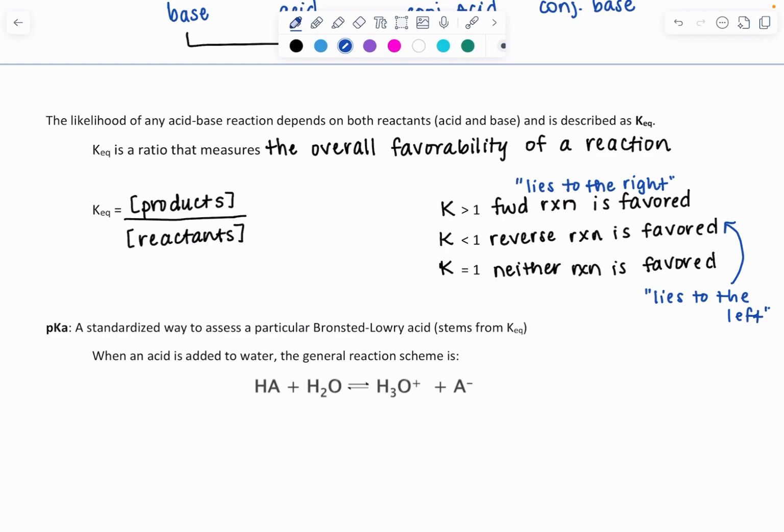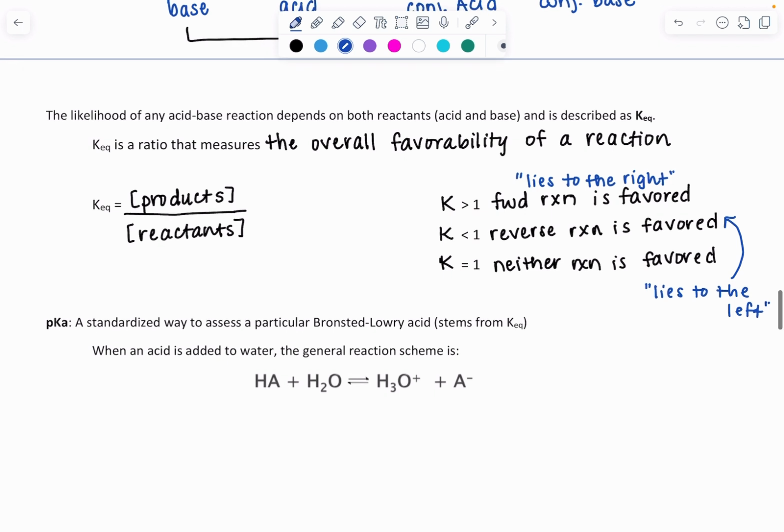Now, you've also learned from Gen Chem that there are some acids that are really strong acids. They fully ionize in water. They will completely dissociate into its ions. But most acids are weaker than that, where they will somewhat dissociate. They will give away a proton to some water molecules, but some of the acid will still remain together.